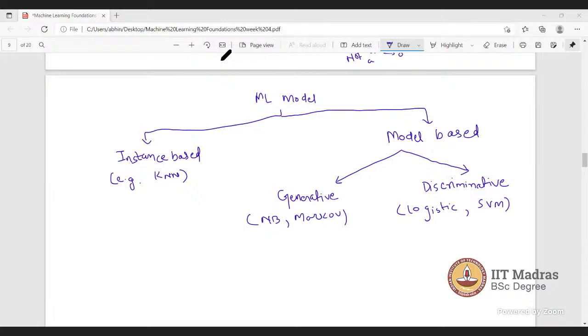Okay, before we get into this mathematically, one idea I can tell you about discriminative and generative is that discriminative models only look for the differences. Think about it this way: if you want to distinguish between cats and dogs, your model will only focus on the parts of the face where there is a difference.